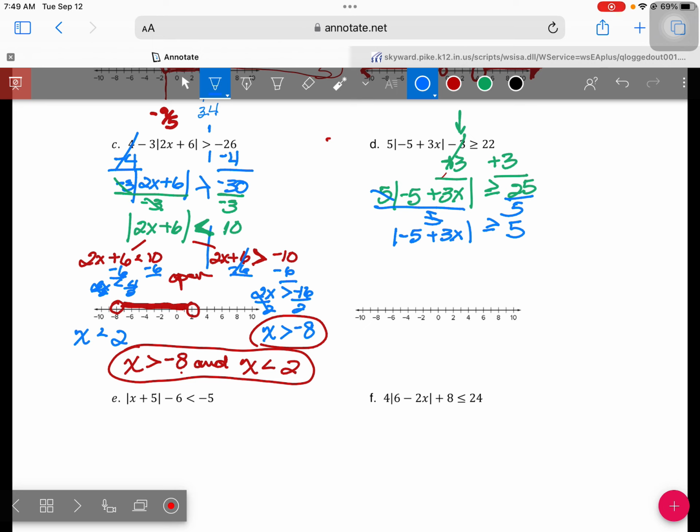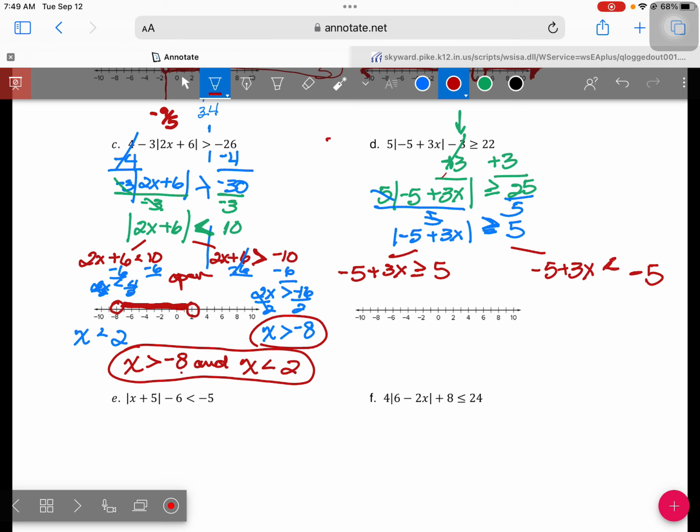Solve for x. Add 5, add 5. 5's cancel out. 3x is greater than or equal to 10. Divide by 3, divide by 3. X is greater than or equal to 10/3, or 3.3 repeating or 3 1/3.